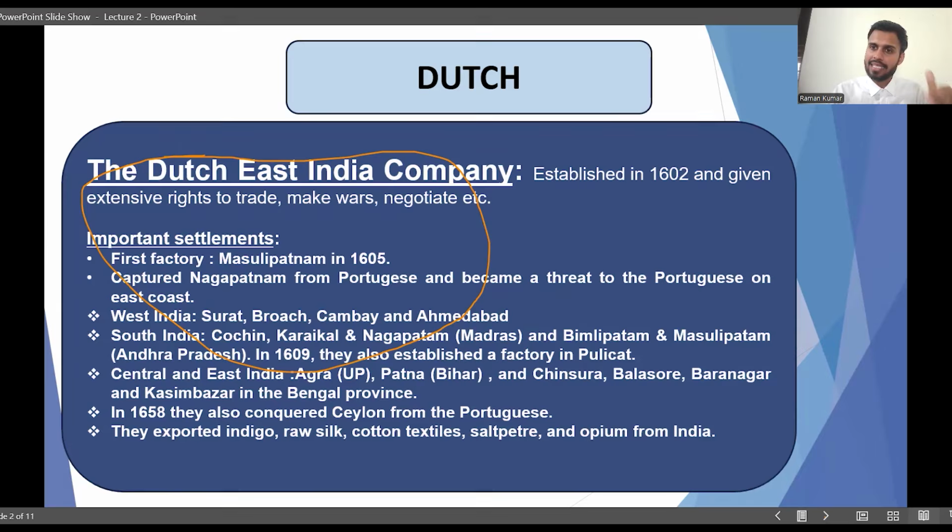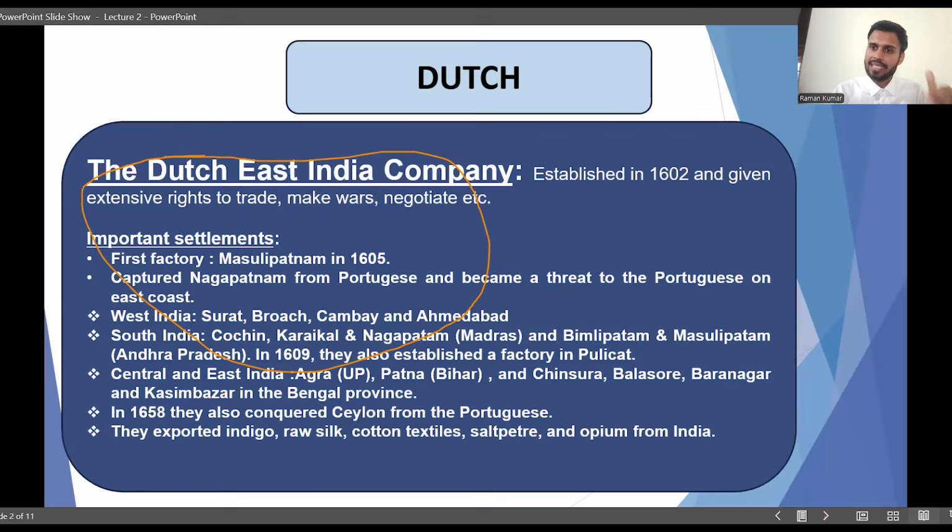The traders in each of these nations were seeing this lucrative trade, and they were making trade guilds, so as to trade with India. As you can see, the Dutch, Danes, English and French all came to India one by one. We will see that in today's slides.